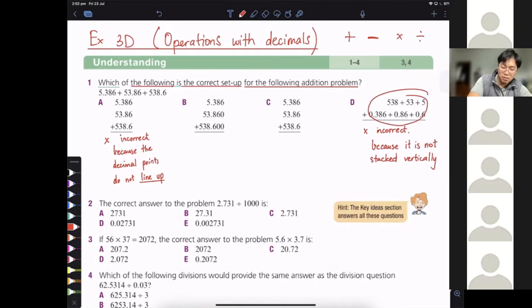We should be writing our numbers one on top of the other. So it needs to be stacked on top of each other. But in this case here, it's not stacked vertically. Vertically is the same as on top of each other. When I say it, I'm referring to the numbers that we're adding, okay?